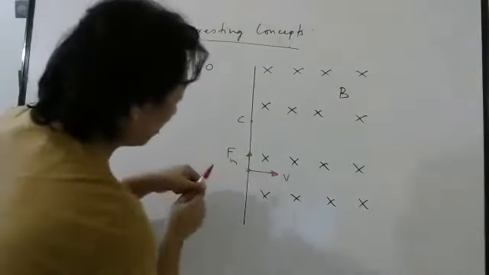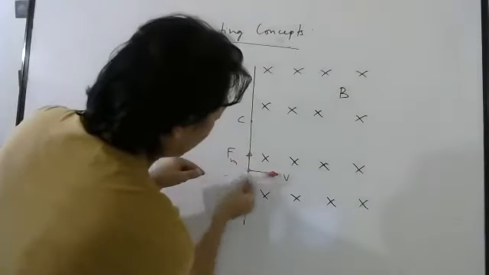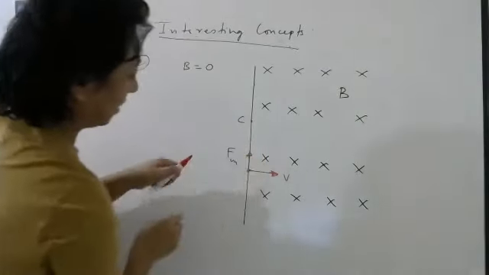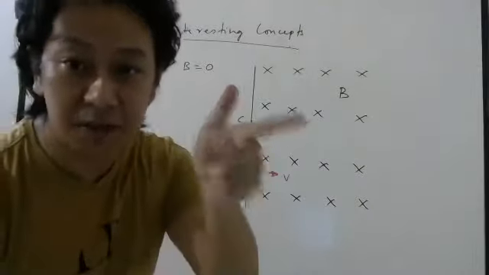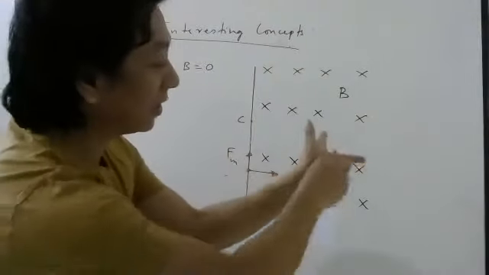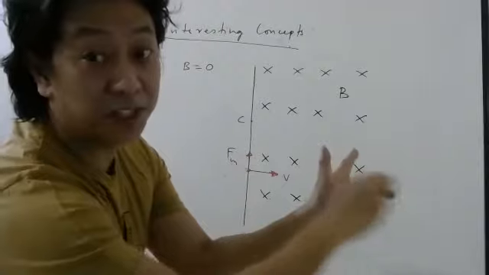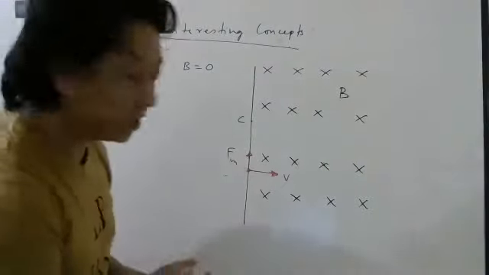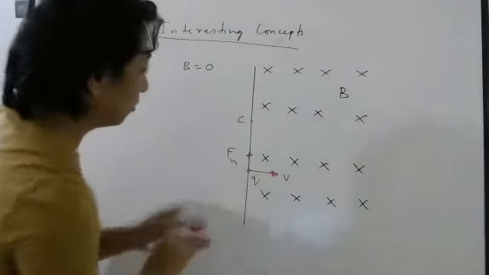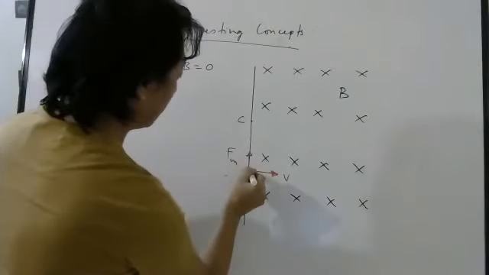The moment the charge enters, there will be a magnetic force. How did I find it? Fleming's left hand rule: magnetic field, current meaning the flow of positive charge. I have assumed positive charge for simplicity. So the force will be up, and it will move in this circle.